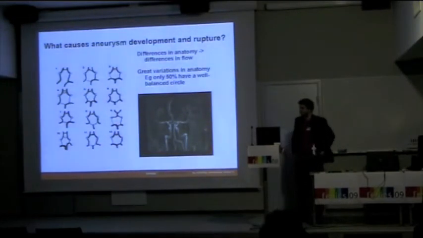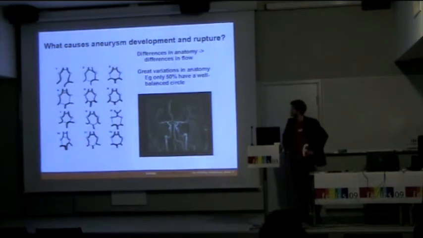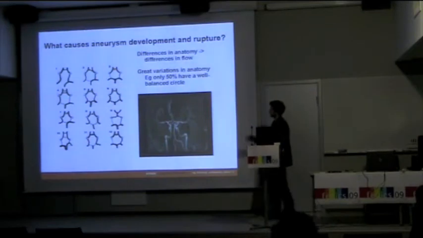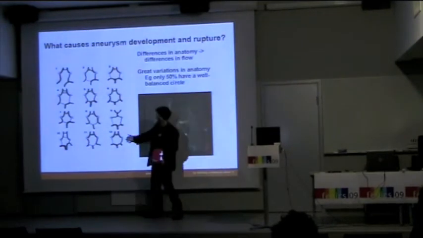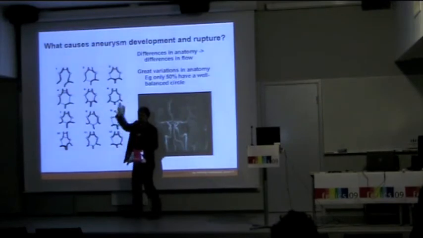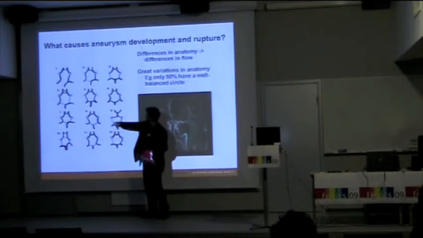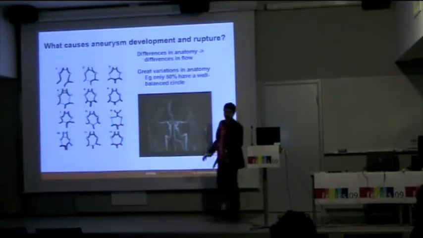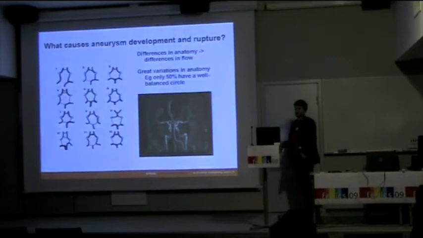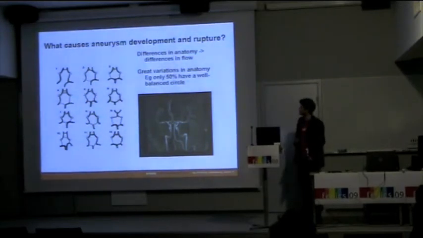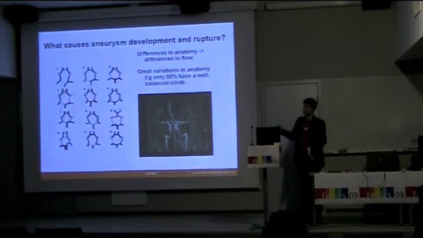So this is the kind of problem that our collaborators suggested for us a few years ago. And the basic reasoning that they have is that there are a lot of variations in this circle. Some vessels are missing, some vessels are small, etc. So they have, by themselves, started to think about maybe it is the geometry of the circle that is important.